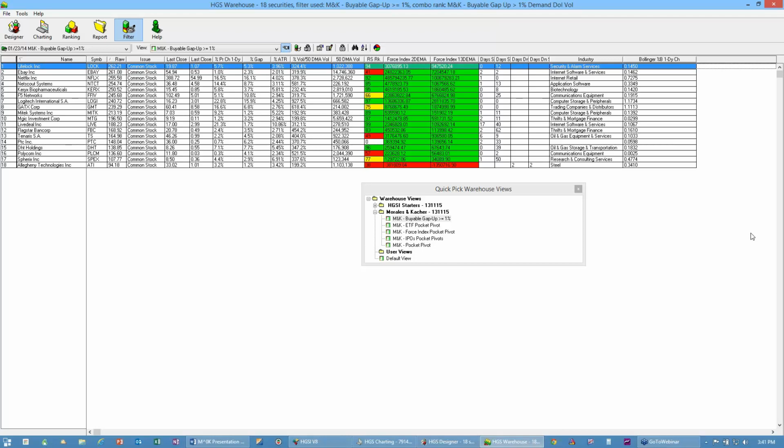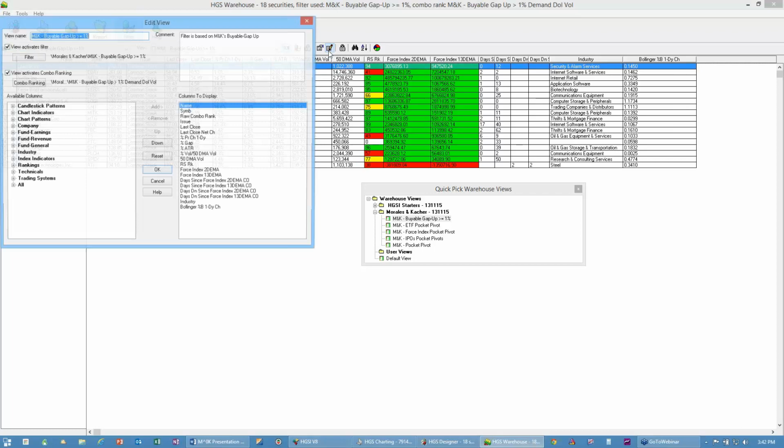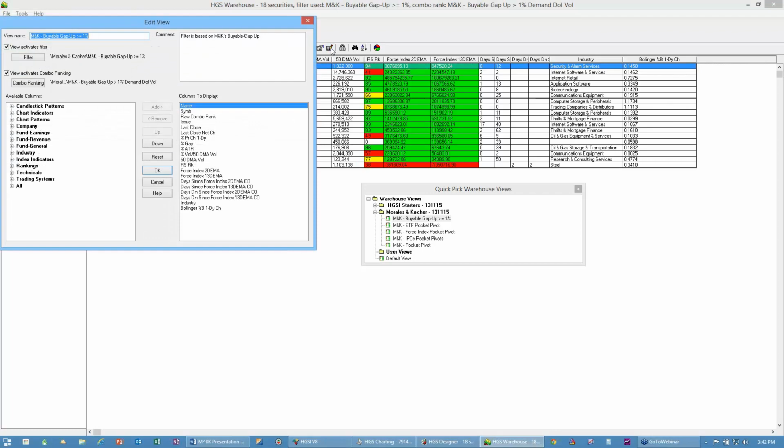Now the combo that is attached to this view, I'll just do this to show you how this works. I'm clicking on this icon here with the pencil, and it brings up a view, and you can see that there is a filter attached to this and a combo ranking attached to it.